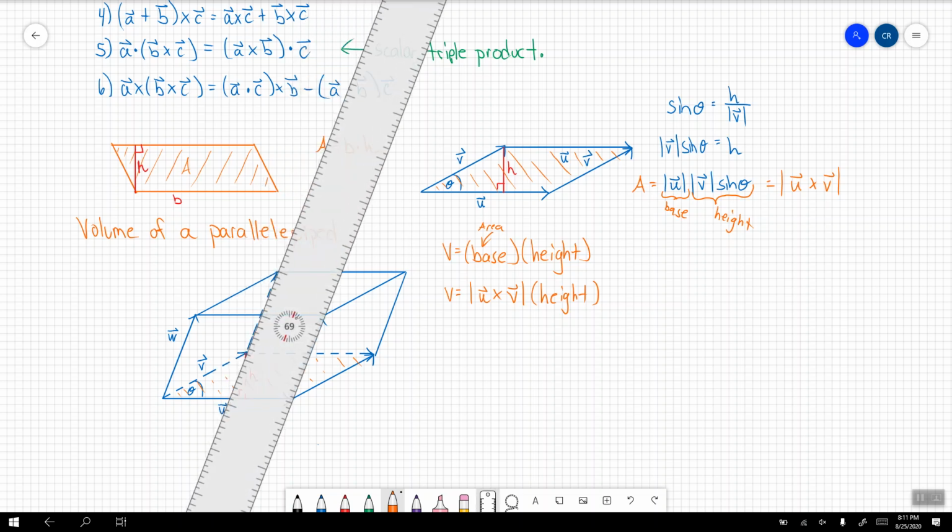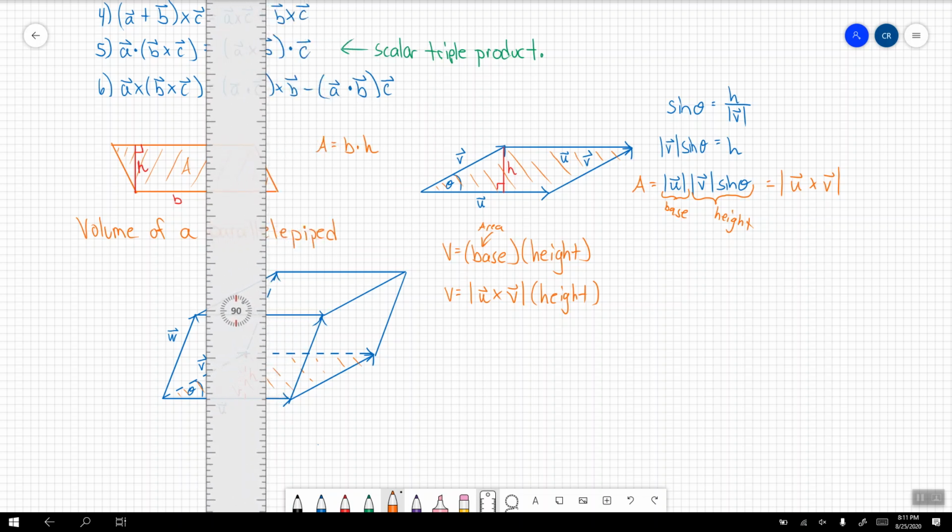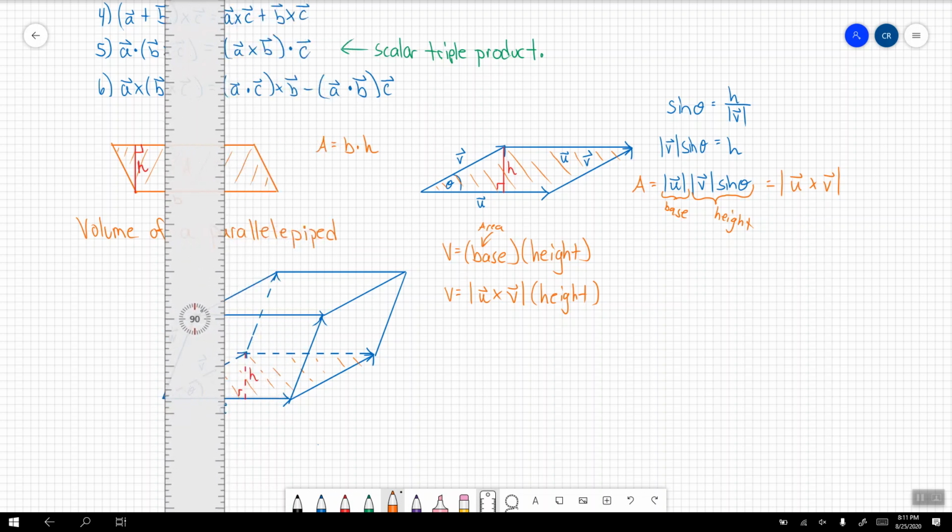We are actually going to rely on some help from the cross product. Notice the cross product of the two vectors u times v is perpendicular to this parallelogram, or to this plane. And if we have a parallelepiped, then it will also be perpendicular to this top plane. So that is one of the items that we are going to call upon to help us.